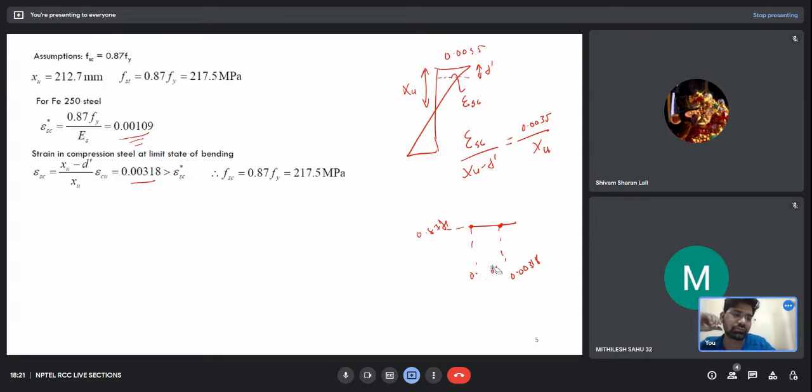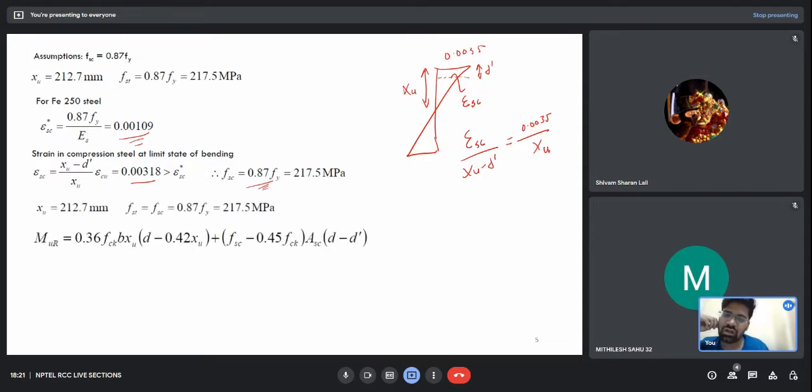Okay. So for the time being, the problem is easy. Whatever we have assumed, we have validated here. So for both the steels, we can use the yielding stress. Okay, fine. So now we can calculate the ultimate moment of resistance. So this is the value which is coming.